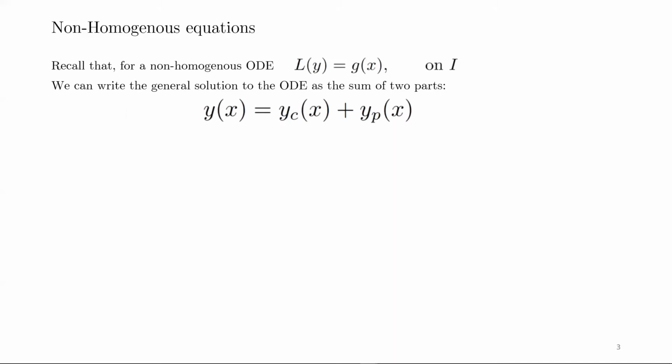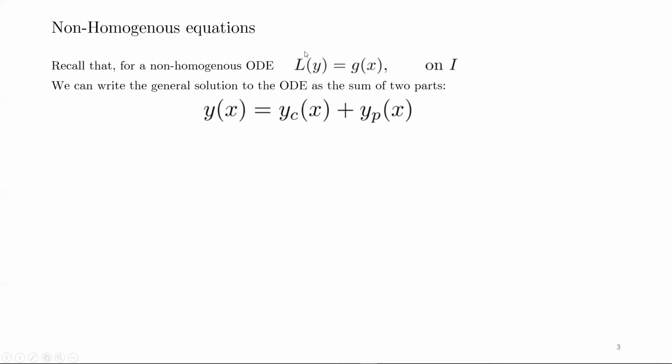So here we have our ordinary differential equation, L, this differential operator L. So this can represent many different types of linear ODEs. But you notice that the right-hand side of the ODE is equal to some function of x. Okay, so if this is a non-zero function, then we have a non-homogeneous ODE.